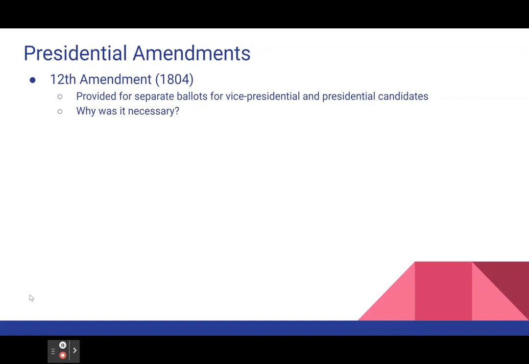Instead, it keeps going for 35 ballots. So 35 different times the House of Representatives had to vote. And finally, after some intervention, including intervention from Alexander Hamilton, Hamilton writes the letter to the Federalists and he says, I don't like Thomas Jefferson, but I really hate Aaron Burr.